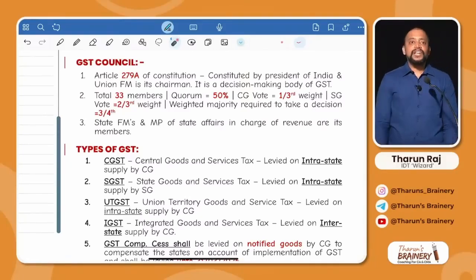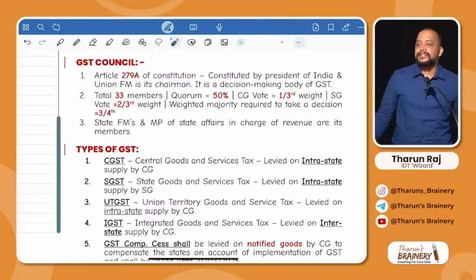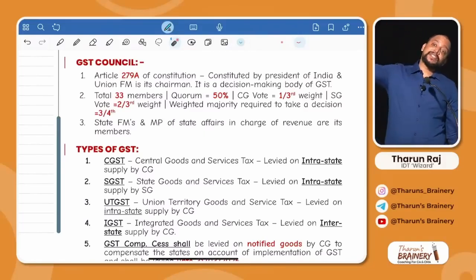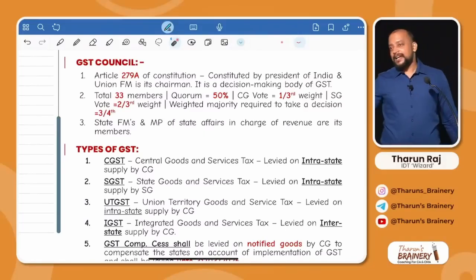And who will be the members of the GST Council? Definitely not the Prime Minister, definitely not a Chief Minister, but the Union Finance Minister, Nirmala Madam.